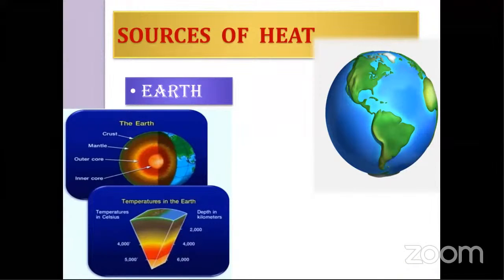At the center of the earth the temperature is a maximum, 6000 degrees centigrade, which is also about 11,000 Fahrenheit. It produces heat, and this heat is called geothermal energy.